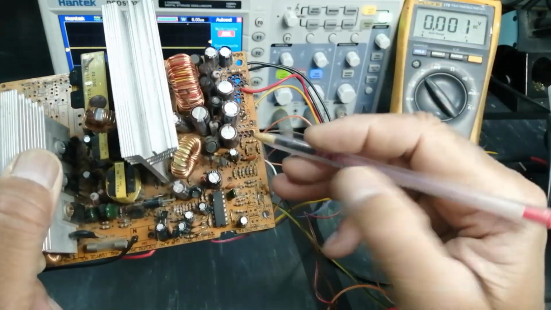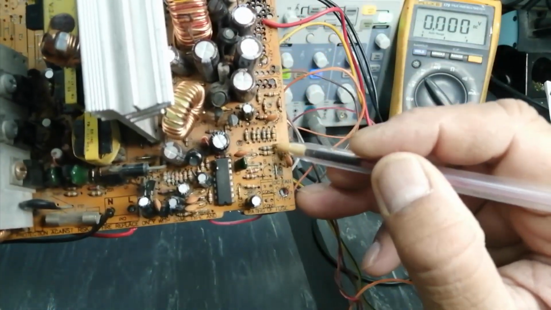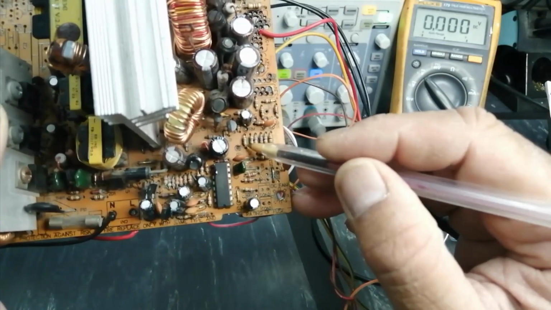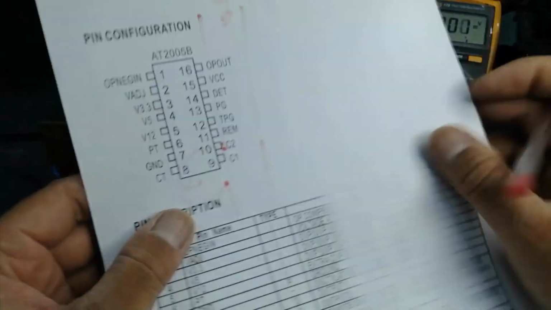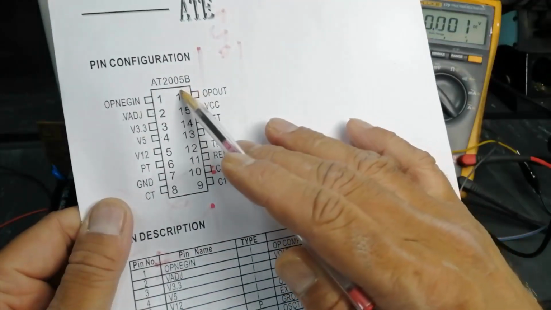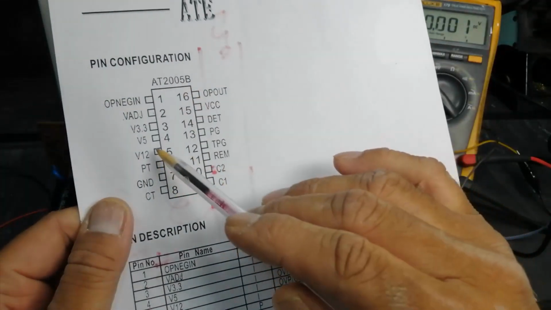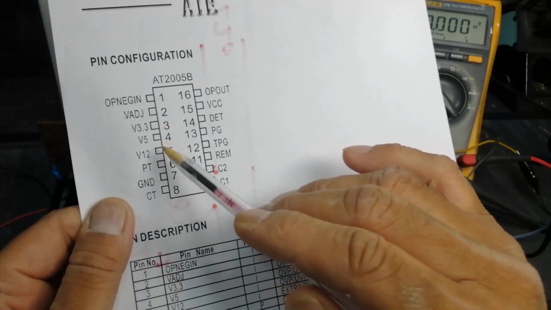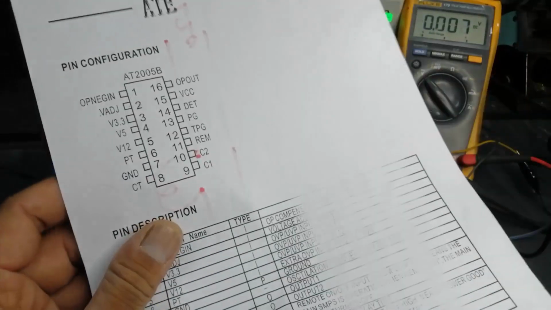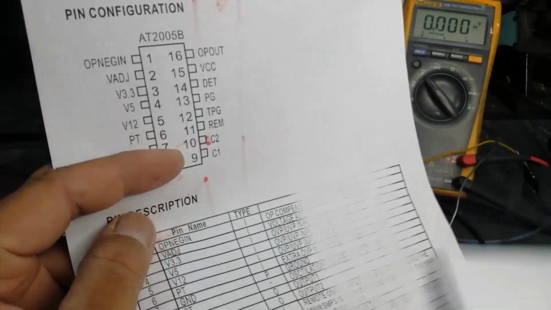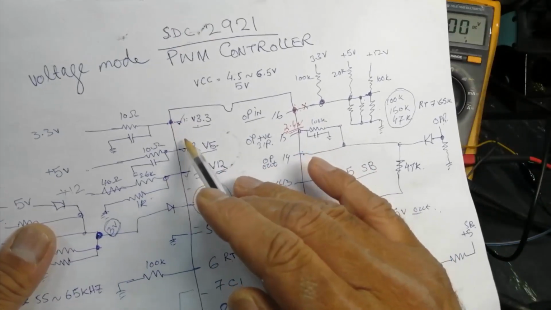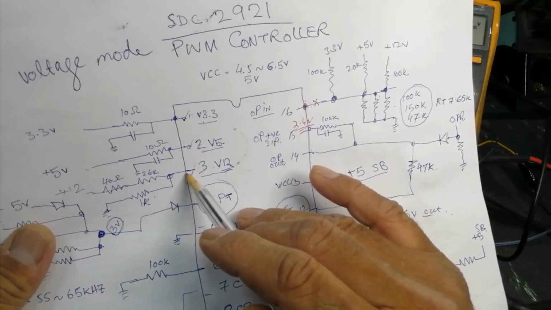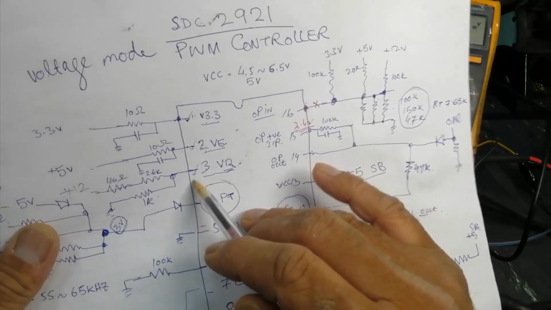At the same time the same voltage is monitored from these resistors. These are applied to the supervisor pins. In this case, 2005, we have pin number 3, 4 and 5, and if we are using SDC2921, in that case we have pins 1, 2, 3, they are the supervisor pins.